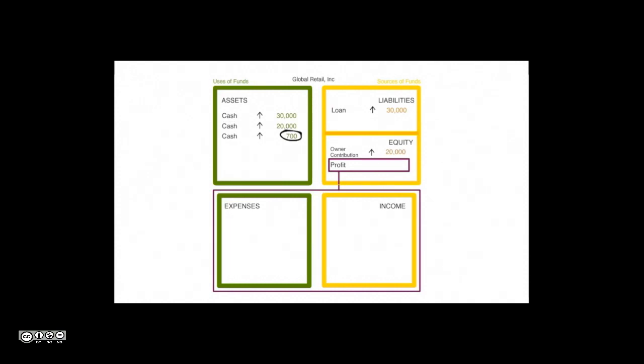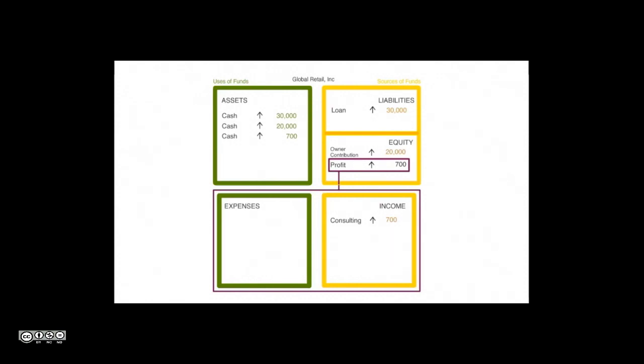And now, instead of recording the other $700 effect in profit directly, we are going to put it in the income section, giving it an account name called, for example, consulting. And we show this income section increasing by the 700 that we have earned, we being the company, of course. And notice that the profit account in the equity section still increases by 700. It just does so indirectly.